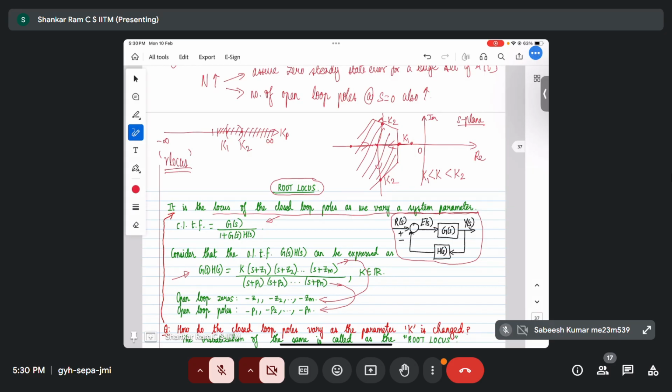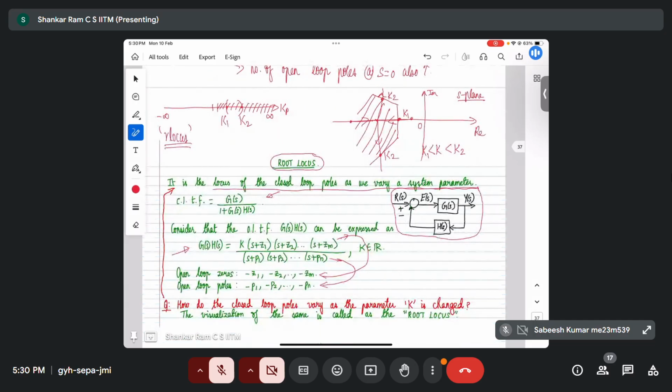It's a convenience, but you and I still need to understand the physics, so that we gain an insight into the overall process, and we are also able to do proper design of the controller, as the case may be. So this is very important, and that's why it's called root locus. All of us know what the meaning of the word locus is, right? Locus means it is a trace of something as we vary some parameter.